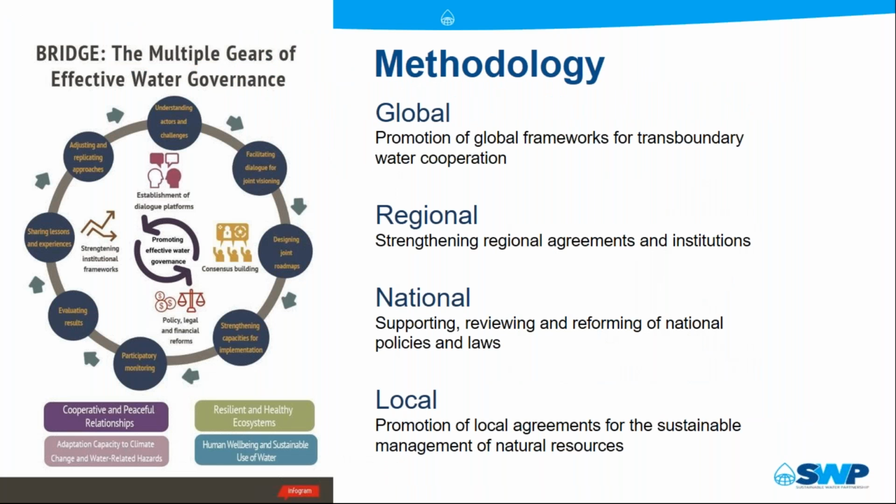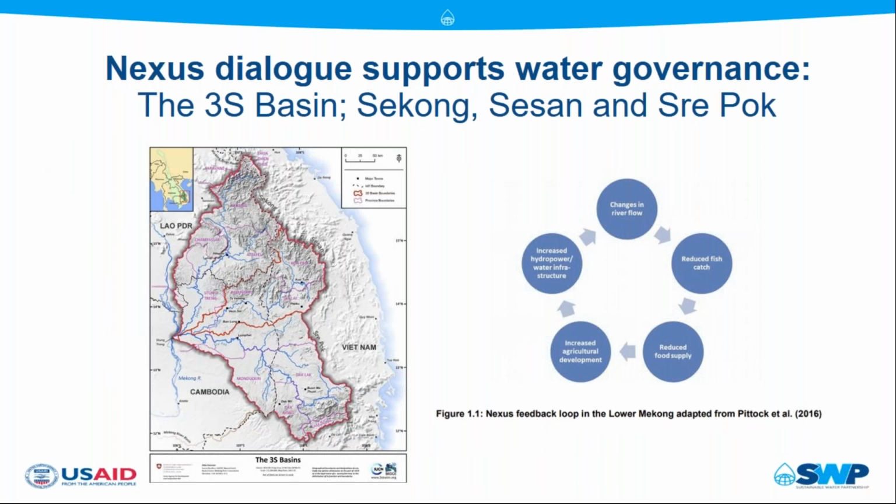So whilst demands for water, energy and food are increasing, the natural resource base that we have is increasingly degraded and in scarce supply. And this is very, very clear in countries that are experiencing rapid economic growth, such as Cambodia, Laos and Vietnam.